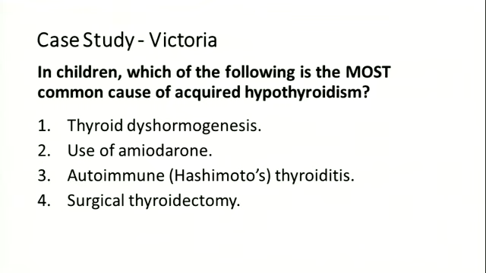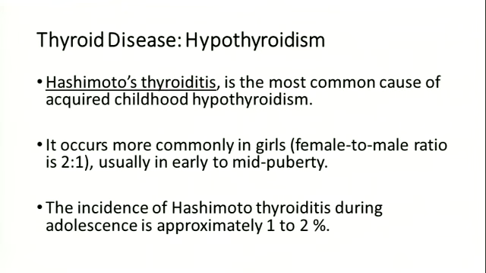So when you see a test answer here that has anything to do with the immune system and you're in a fog, which one are you going to choose? Yeah, and you're going to get it about 80% of the time, you're going to be right. So Hashimoto's thyroiditis is the most common cause of acquired hypothyroidism. It occurs more commonly in girls, usually 2 to 1, and it's very common in family members.